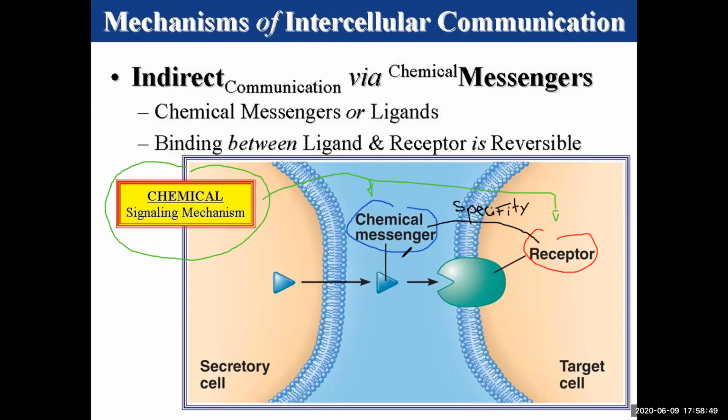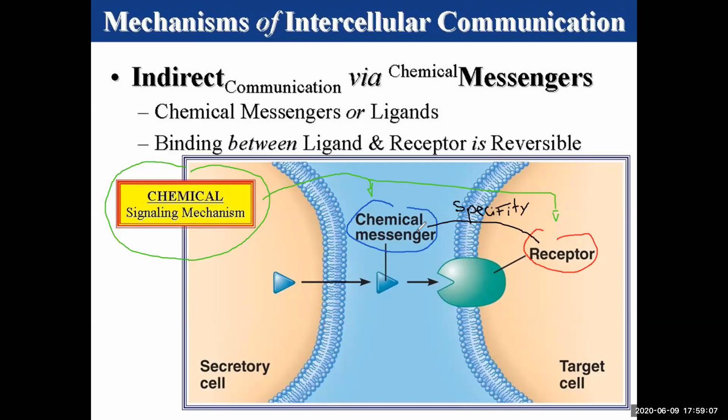The reason is only a subset of cells will have the receptor that recognizes that chemical messenger. Any cell that does not display the receptor will not respond to that chemical messenger.